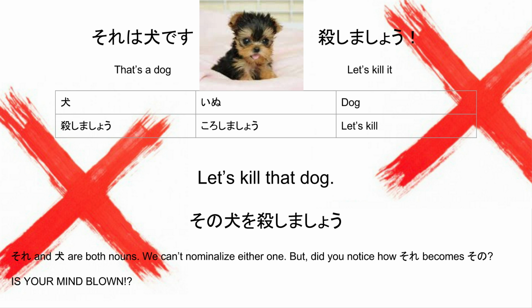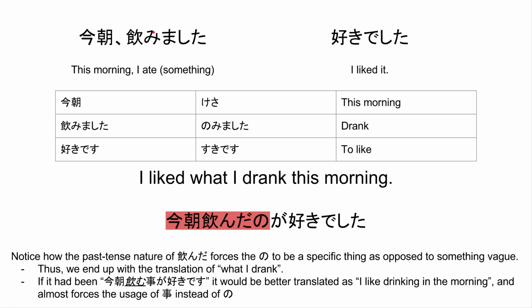However, if we want to make the sentence, let's kill that dog, we don't need to nominalize anything, okay? Sore is a noun and inu is a noun. However, let's use sore to describe inu. See how we used a verb to describe a thing, what I drank this morning?